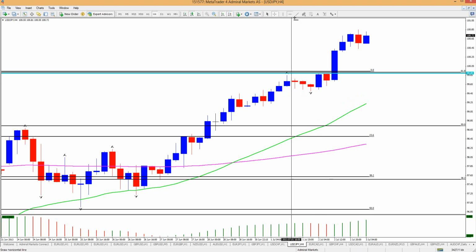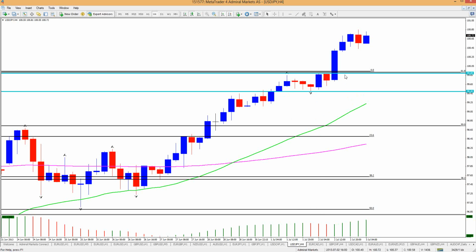That's why I preferably wanted to see a break of this level, to be honest, where I have the lower blue line. Also, in retrospect, it's always good to learn from that. If you look at the price action, you see this bullish candle, an inside candle, and then a continuation. The price action wasn't really set up yet. This was just a sideways move, a bullish candle, and then the 4-hour candle closed somewhere.